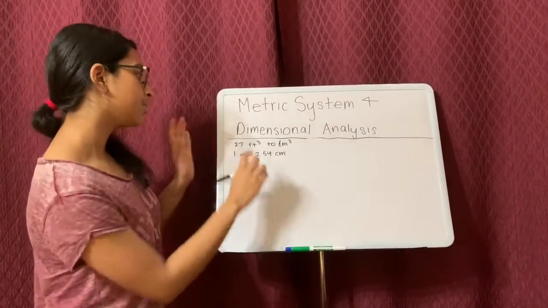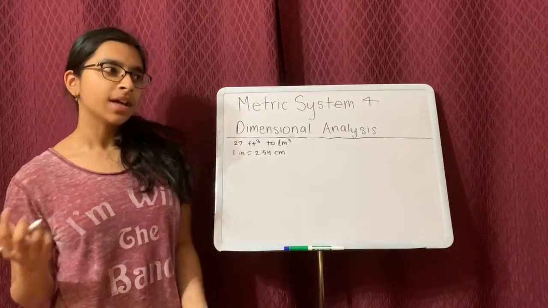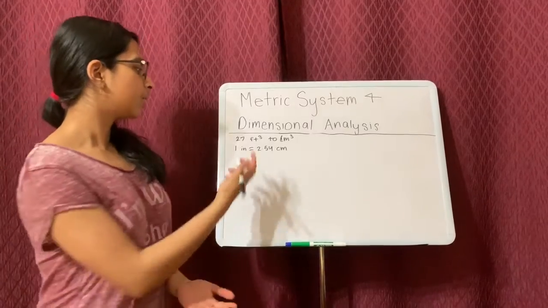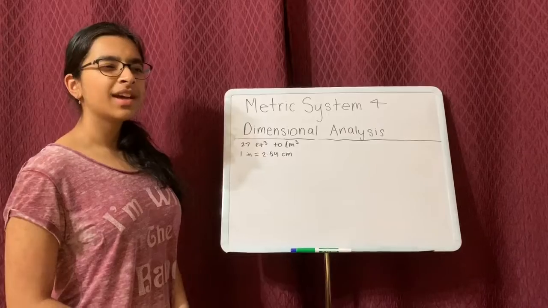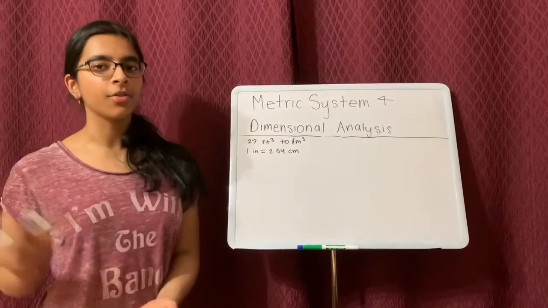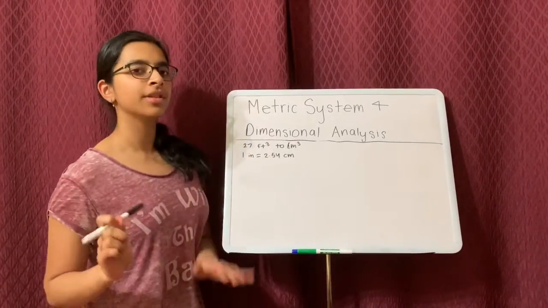But in this case, you have cubic, so that means you're going to be doing everything 3 times. And you also have a conversion from standard to metric units, so it can be confusing to keep track of all the numbers. There is a more organized way to do this, and that is through dimensional analysis.